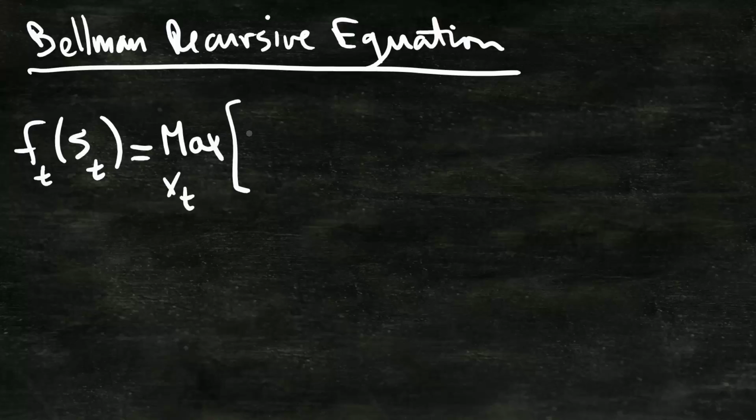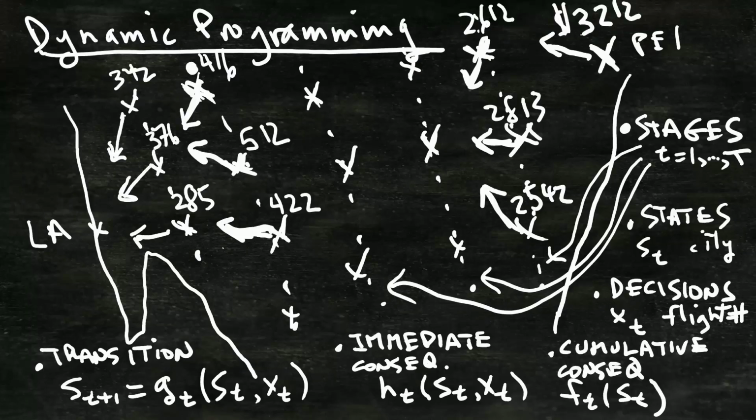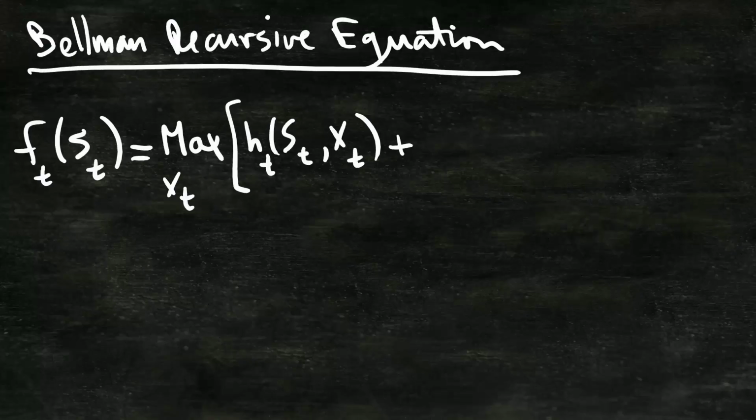And when I take a flight, I'm going to incur an immediate consequence, which is the benefit that I'm going to have from the next city that I end up in, minus the cost of the flight. That's an immediate benefit. And I'm going to add that to the benefit from that next stage on to the end, the equivalent of the 342. Well, that will be f t plus 1.